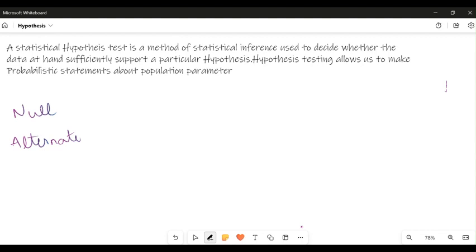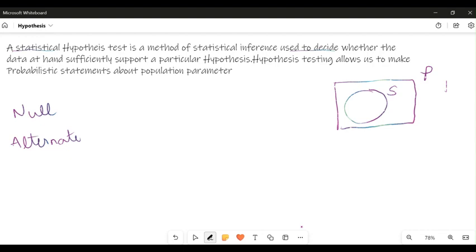Testing of hypothesis is nothing but a statistical hypothesis test. It is a method of statistical inference used to decide whether the data at hand sufficiently support a particular hypothesis. Hypothesis testing allows us to make a probabilistic statement about a population parameter. We have population data, and based on that we create sample data. It is one of the inferential statistics.